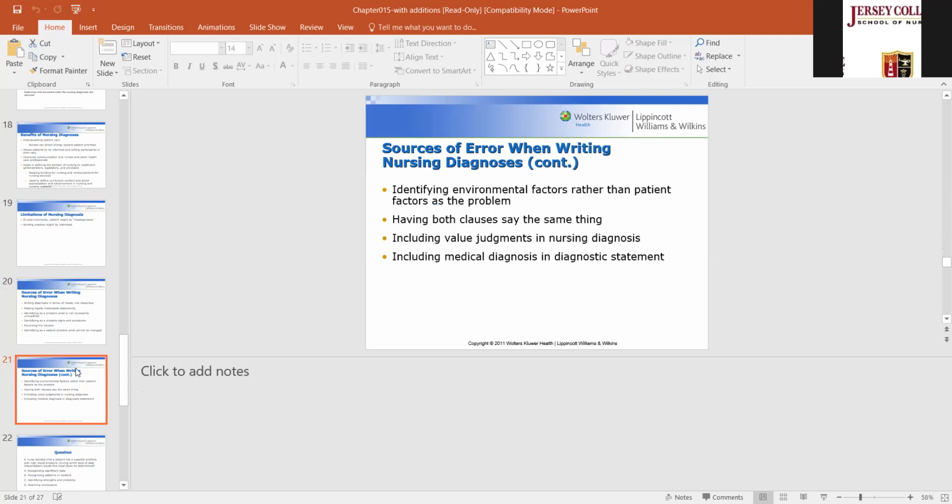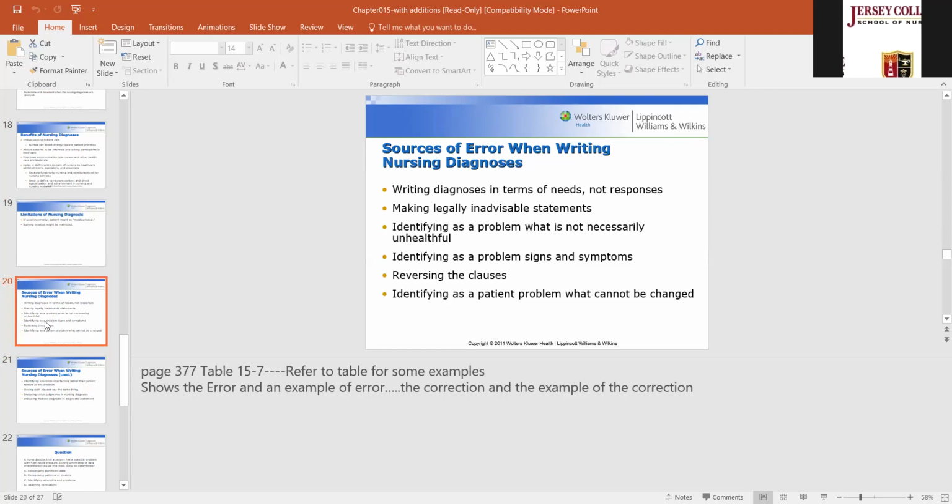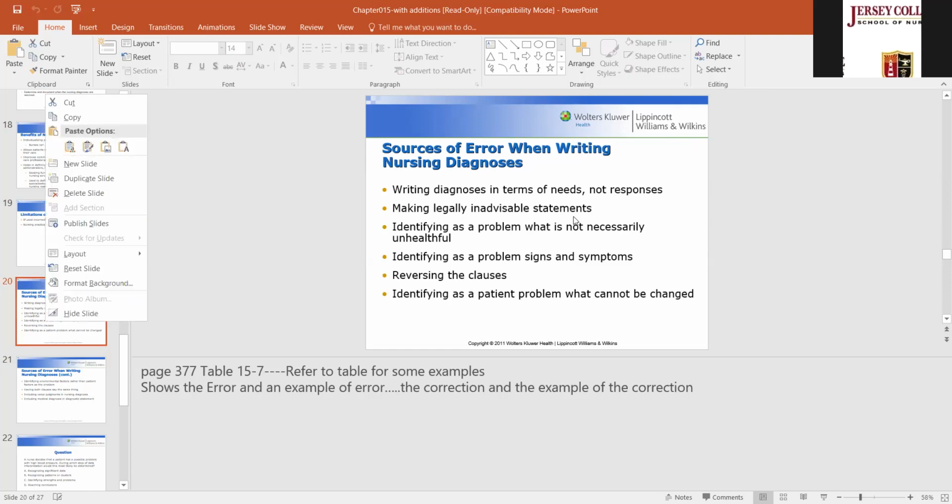I'm sorry, we do not want to do those things. Let me go back to that. We do not want to write diagnoses in the terms of needs, but more in the terms of responses. Sorry, that was a blonde moment.